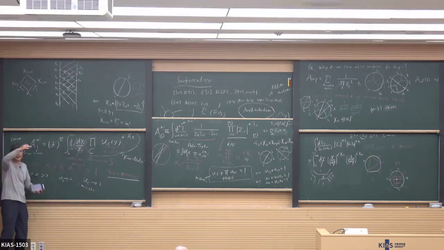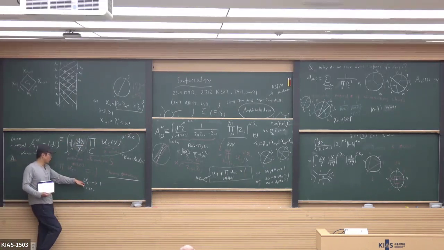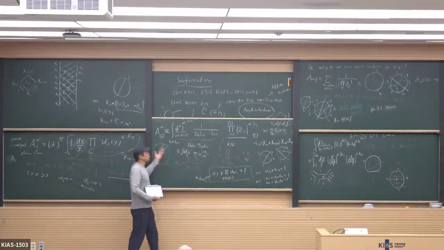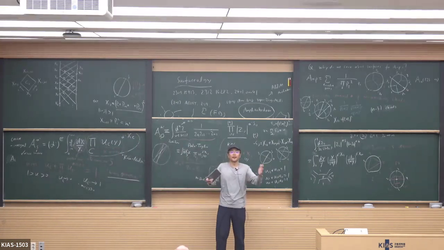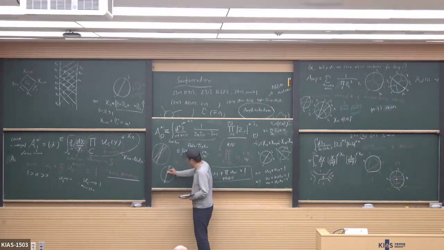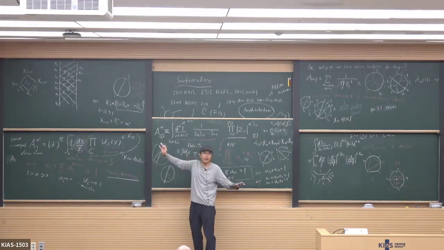So all the crossing guys will go to 1. And why is U going to 1 important? Because when U goes to 1, it decouples from this U equation. So when any U goes to 0, every crossing guy goes to 1. So they completely decouple from the system.